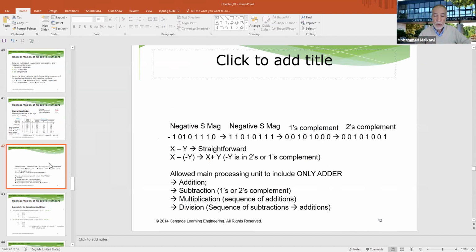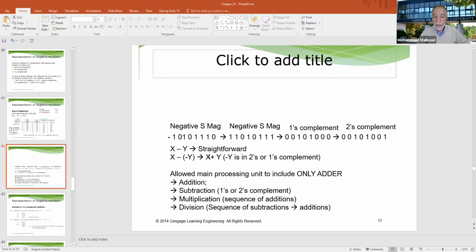Now the power of 1's or 2's complement is really to do the subtraction. So if you do x minus y, it's straightforward. But if you do x minus y, it becomes x plus y.